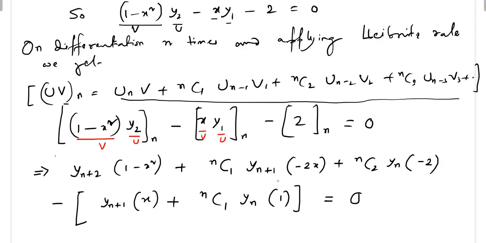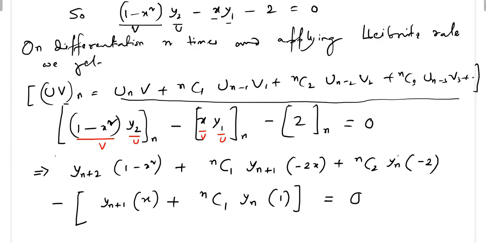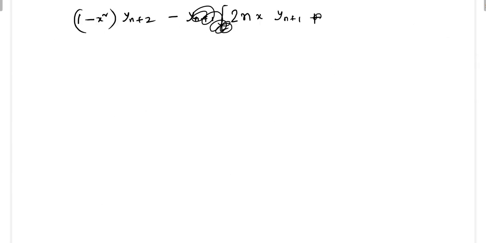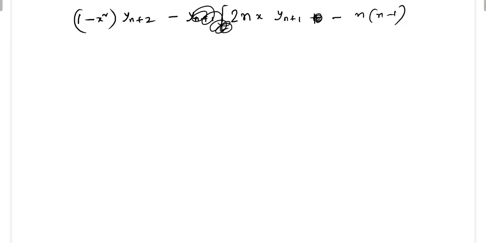After that, nC2 is n into n minus 1 by 2, and these two will cancel each other, so it is only yn into n into n minus 1 into yn.